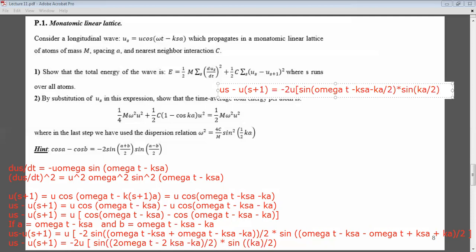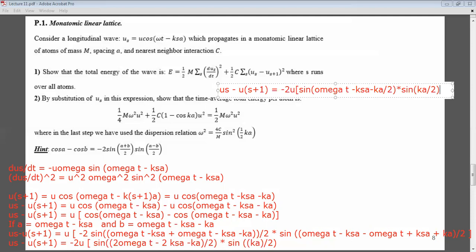So we solved what us − us+1 is. We got it to be −2u sin(ωt − ksa − ka/2) sin(ka/2).